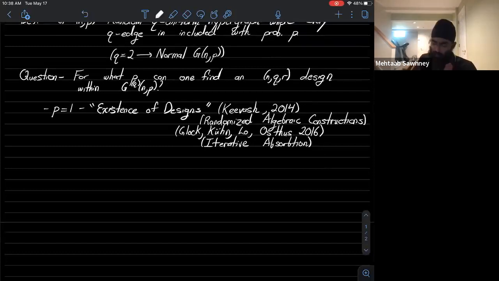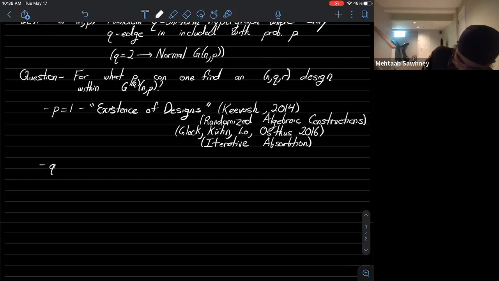But even in cases where the existence of the corresponding design is trivial, this is an interesting probabilistic question. In particular, the simplest design is when q equals 2 and r equals 1. If you do some unwinding, an (n, 2, 1) design is the exact same thing as a perfect matching.